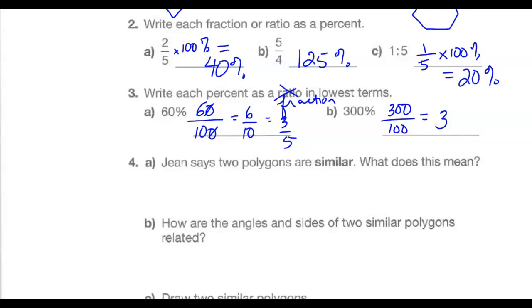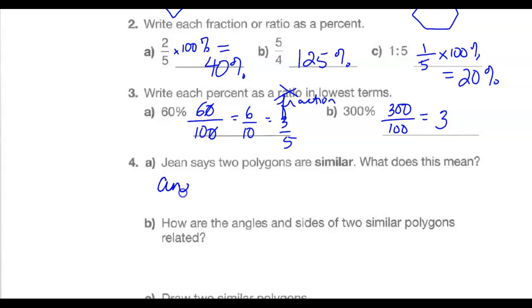Okay. Jean says 2 polygons are similar. What does that mean? So remember what similar polygons are. Their sides are proportional and angles are all equal.